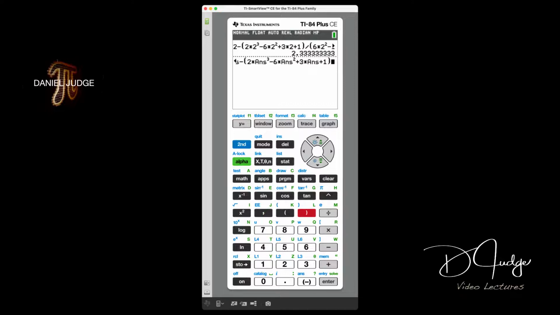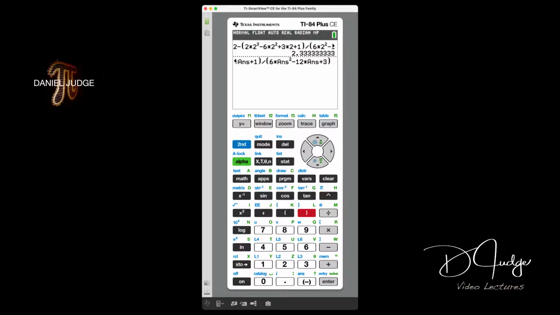All right. Divided by, I'm looking at my scratch work here, 6 times prior answer raised to the second power. You come out of there. Minus 12 times prior answer plus 3.